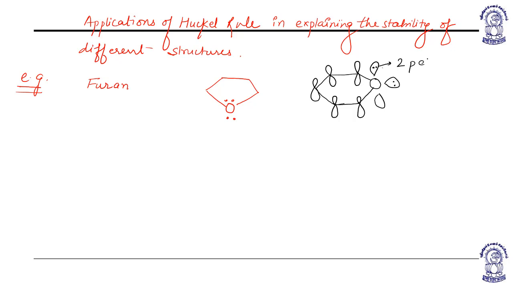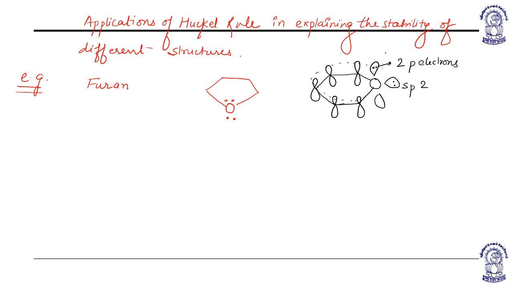Two p electrons. This is sp2 hybridized, and you can see the cyclic delocalization of these electrons in these pure p orbitals.